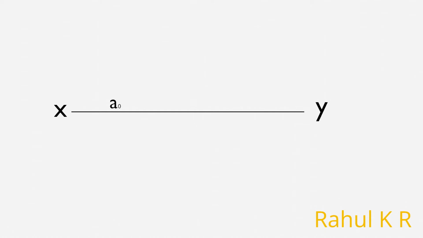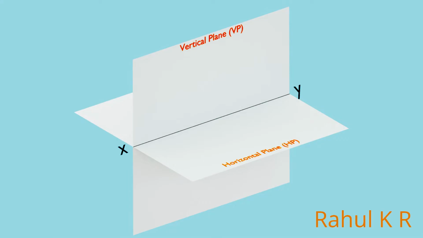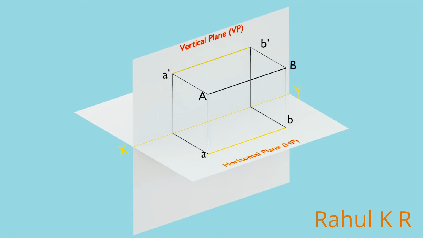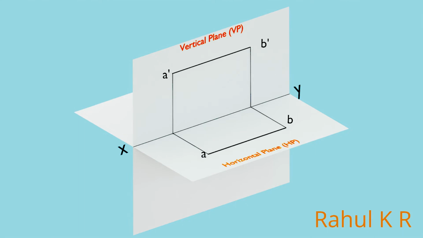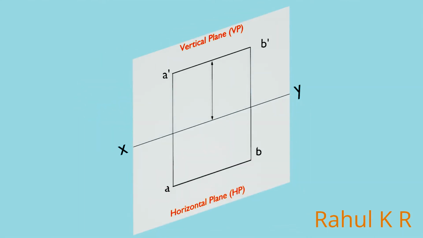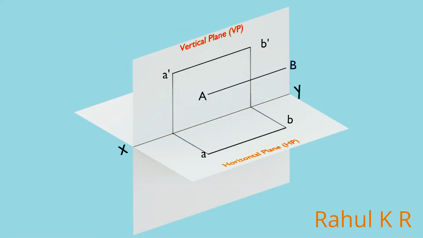As discussed earlier, we have to keep in mind three things. First, since the line is parallel to both the planes, its front and top views will be parallel to the XY line. Second, since the line is in the first quadrant, its front view will be above the XY line and top view will be below the XY line. Third, the distance between the XY line and the front view is equal to the distance between the line and HP.